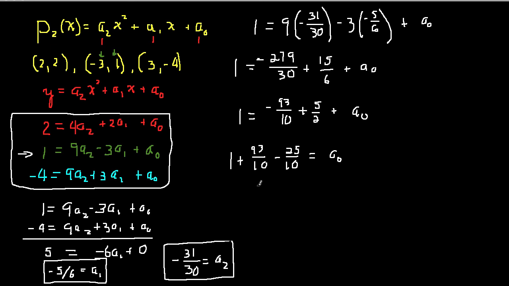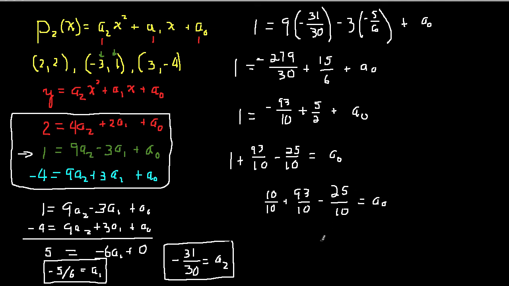So let me write 1 as being 10 over 10. So I have 10 over 10 plus 93 over 10 minus 25 over 10, and that's equal to a0.